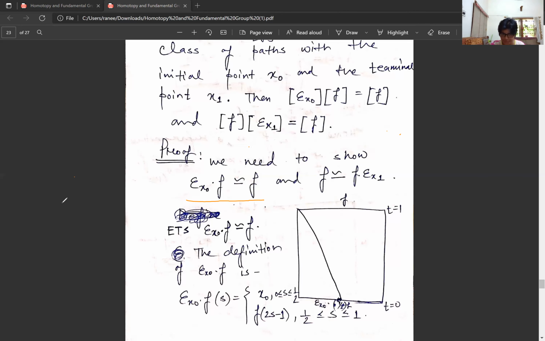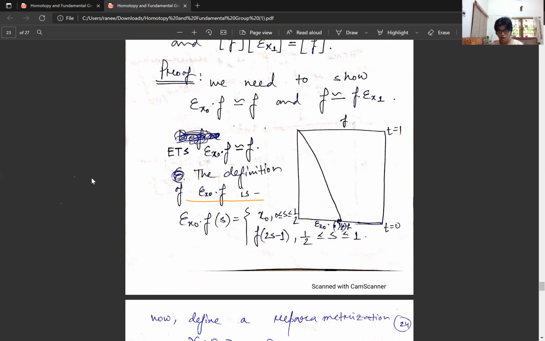Now look at the definition of epsilon x naught product with f. It means that for half of the time I'm sitting on x naught, and for the remaining half of the time I'm traversing the path f, right? And it is saying that this will be homotopic to f.